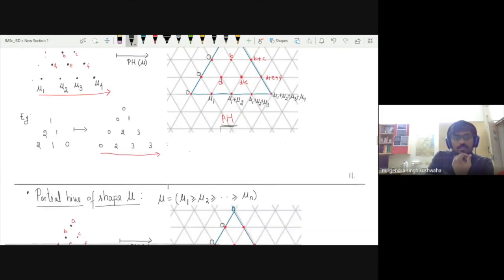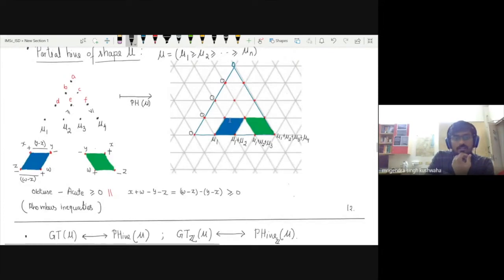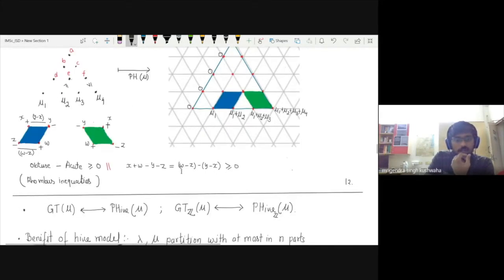So you differentiate these vertices along the edges and you get back E and mu2. Taking it like that, w minus z minus y minus x should be bigger than or equal to 0. This inequality is transformed to this.